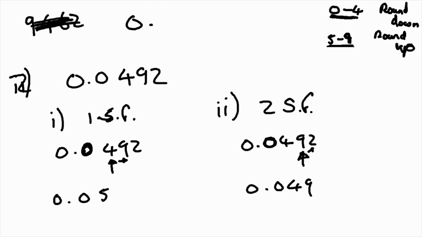If the 0 was in between 2 other numbers, so the 5 and the 1, we then have to include it as a significant figure because of this 1 afterwards and this 5 beforehand. It's kind of trapped in between.